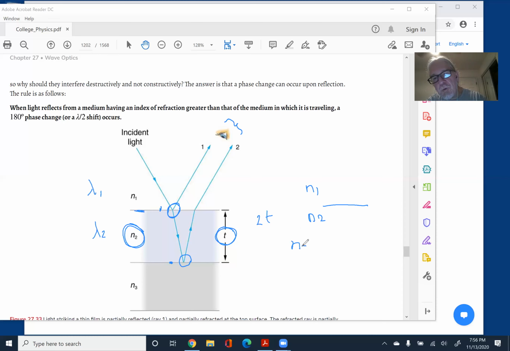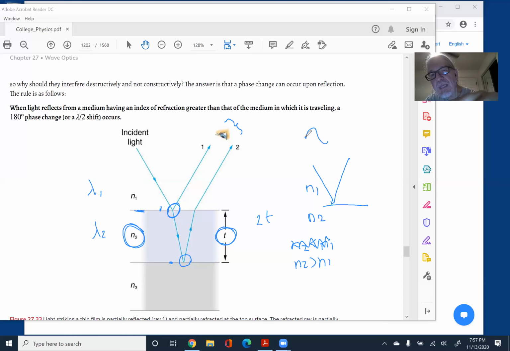If N2 is less than N1, the reflection happens with essentially no consequence. But if N2 is greater than N1, there is an extra shift in the waveform that flips it 180 degrees, or half a wavelength. That's essentially the same thing.